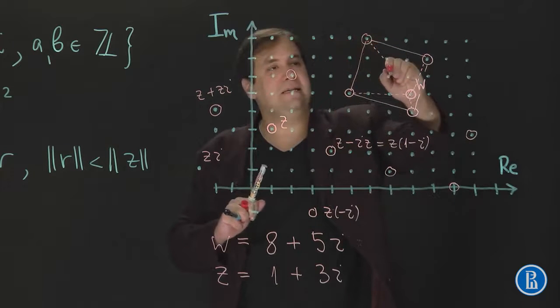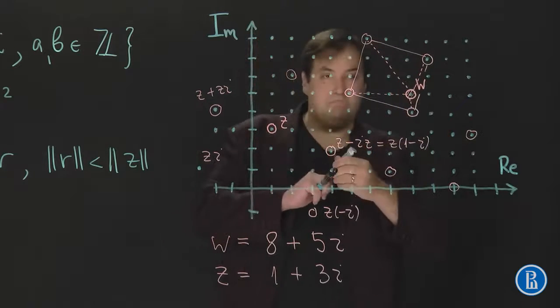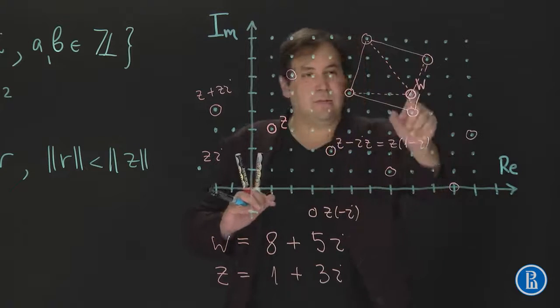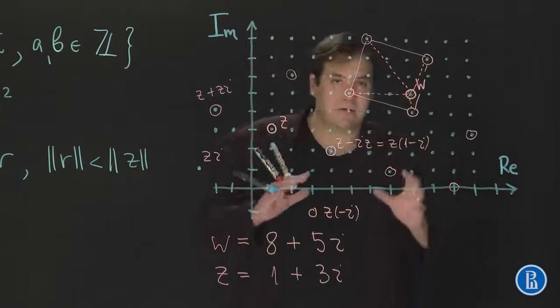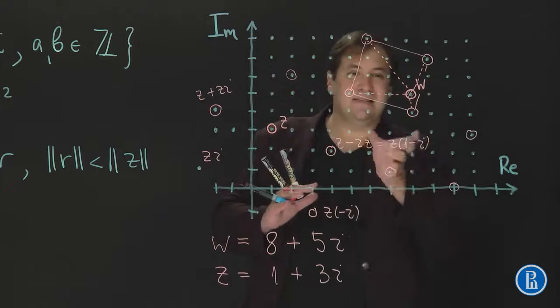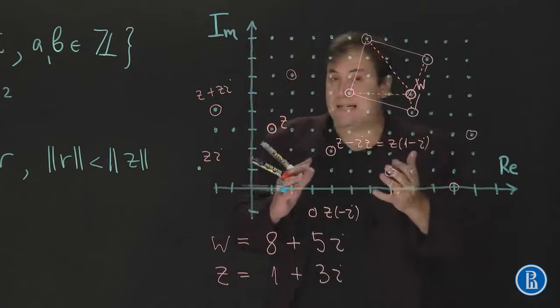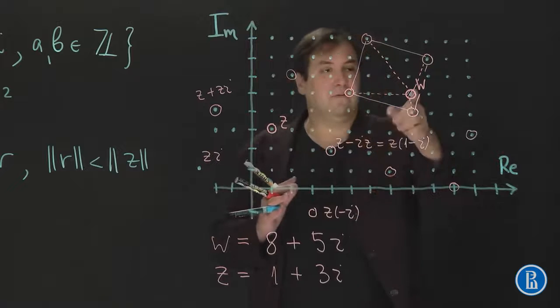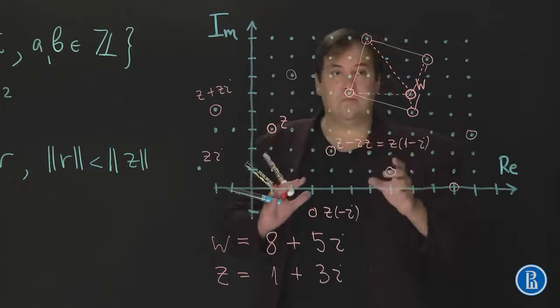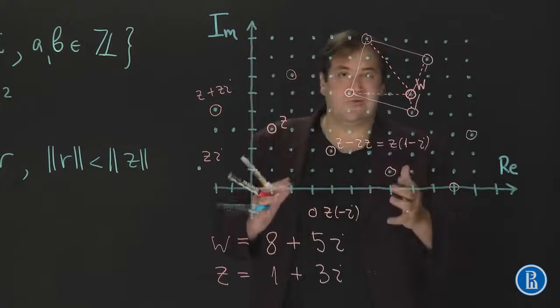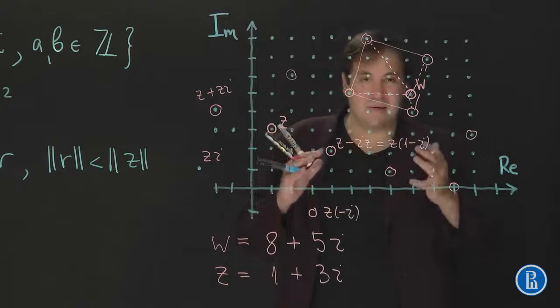We see that this distance seems larger than the side of the square. But this one and this one and this one are less than the side of the square. And we can take any of these 3 points, not all 4, and use it to perform division with remainder.